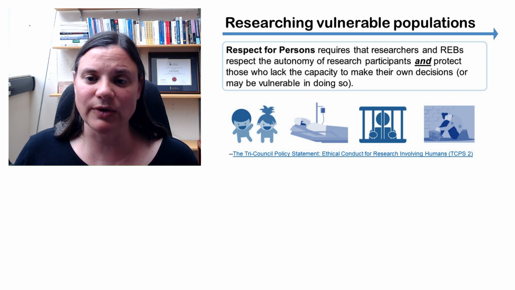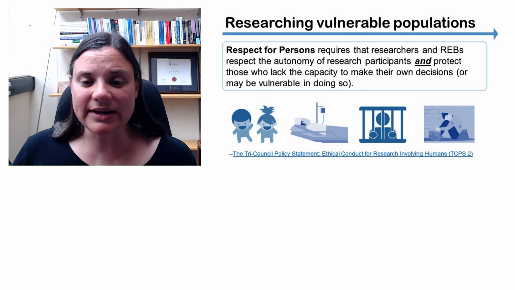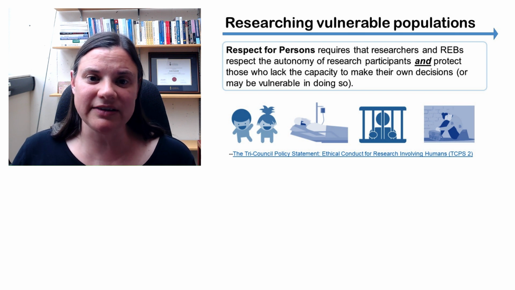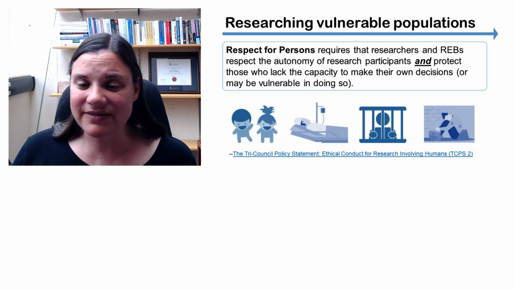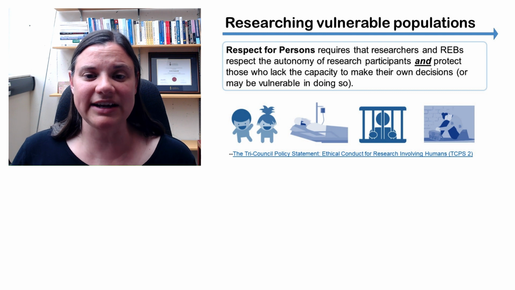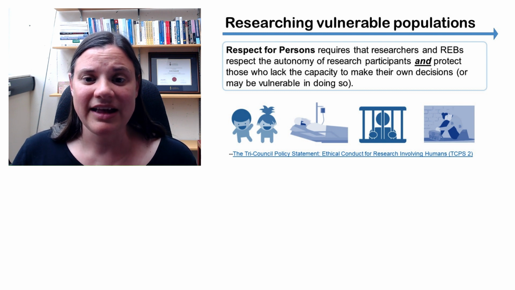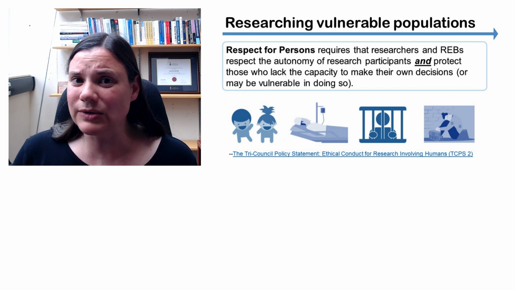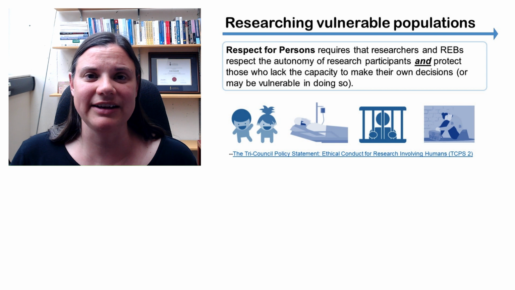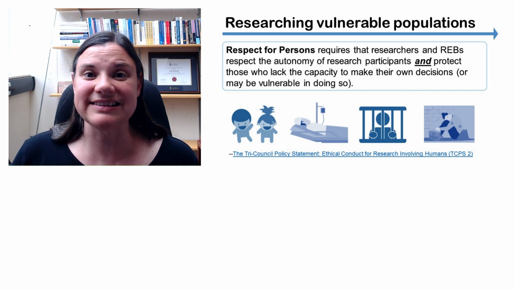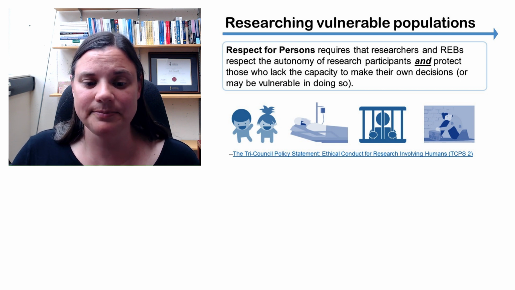And this question of vulnerability becomes really, really important when we're talking about individuals who may not have the capacity to provide informed consent for themselves, and when we're talking about marginalized individuals who may have been excluded from the research planning and research design process in the past.